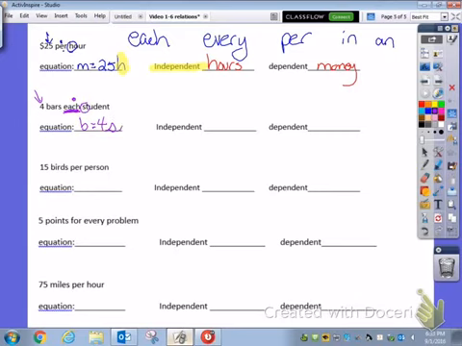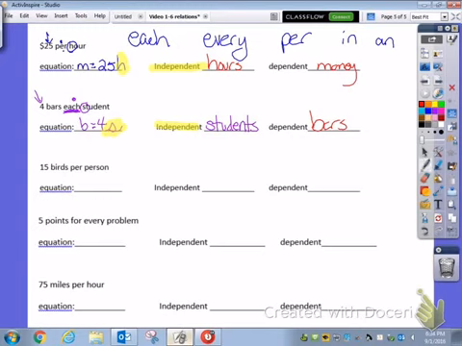So 4 times S. The independent is always, always, always behind the 4. So the independent is the number of students. And the number of students affects how many bars that you're going to buy. So the dependent is the bars, the independent is the students.